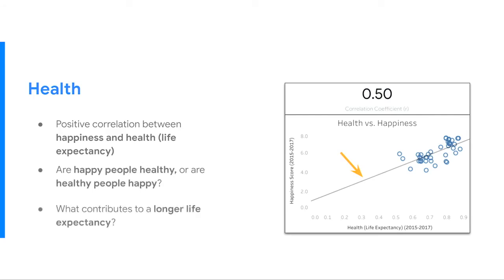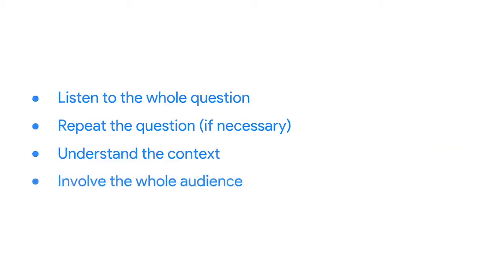If you're presenting to a group of stakeholders who are in the healthcare industry, they're probably going to be more interested in the medical data and the relationship between overall health and happiness. Knowing this, you can tailor your answers to focus on their interests so that the presentation is relevant and useful to them.